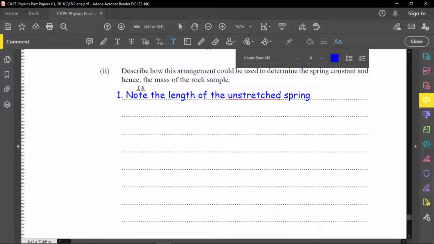Okay, so you're going to note the length of the unstretched spring. All right, the next thing you want to do is to make sure that you now add a known mass onto the spring because you want to know what the extension is. So you're going to make sure you do that next.